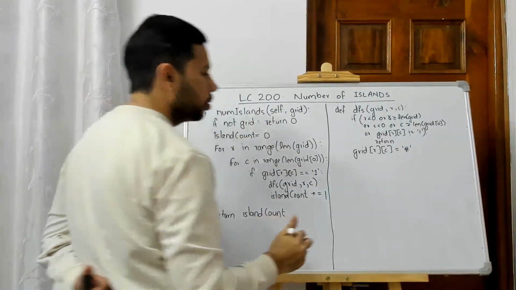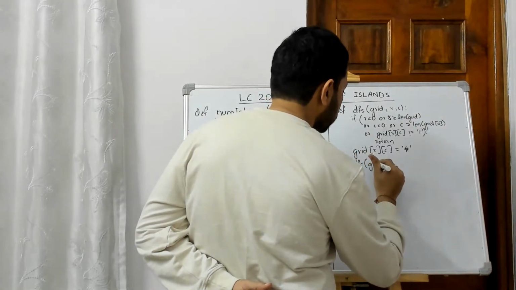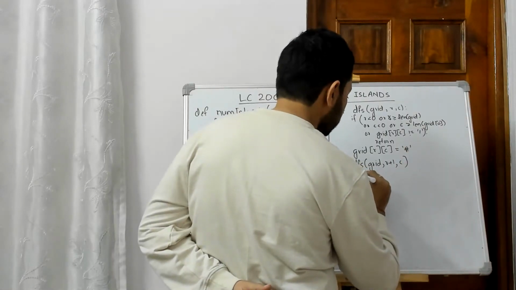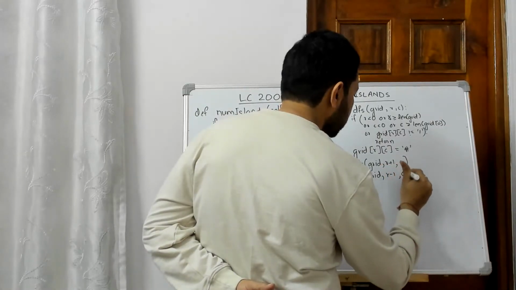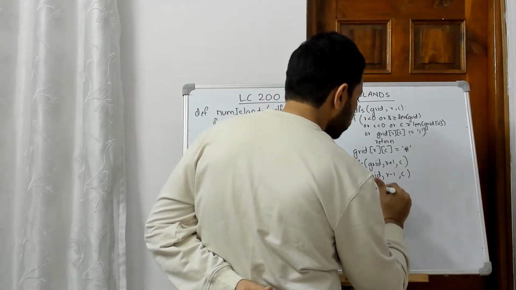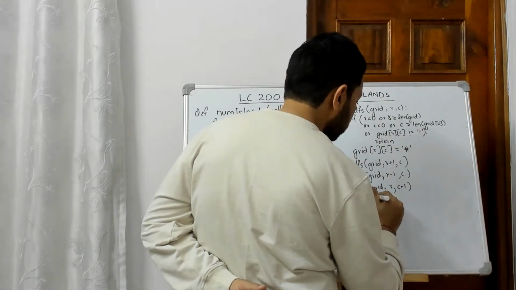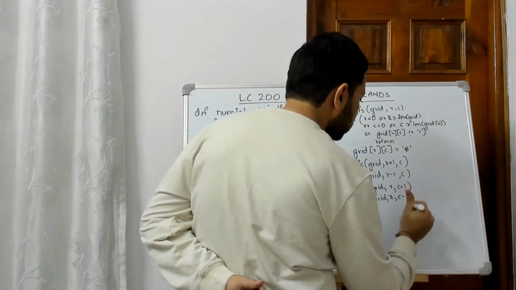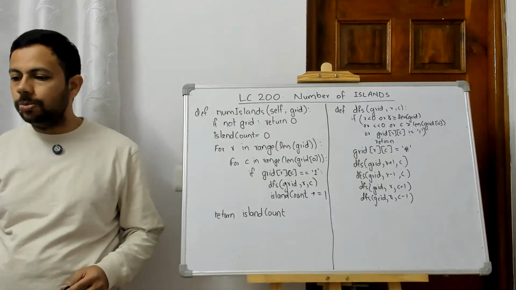This is a visited node, and then you do DFS on all 4 neighbors: DFS on grid R plus 1 C, R minus 1 C, R C plus 1, and R C minus 1. So that's the overall structure of this code.